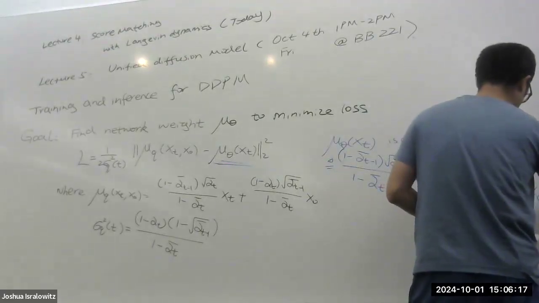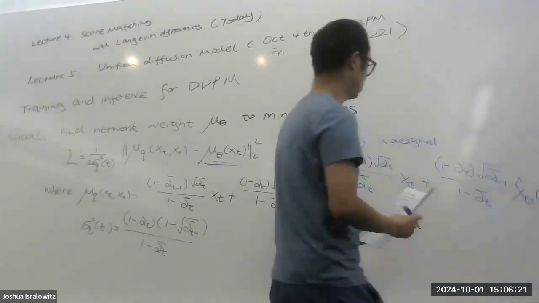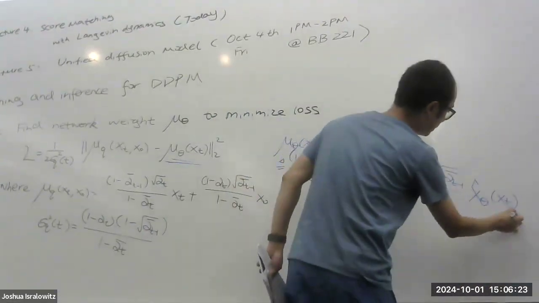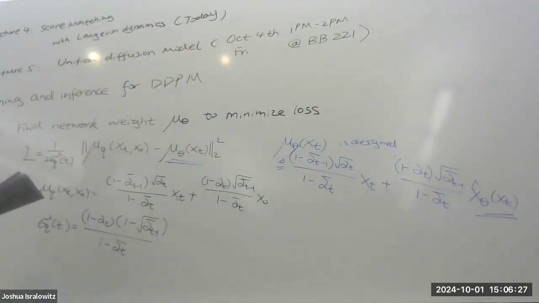So this is actually a neural network. So we're trying to learn a neural network that can denoise from xt to x0.